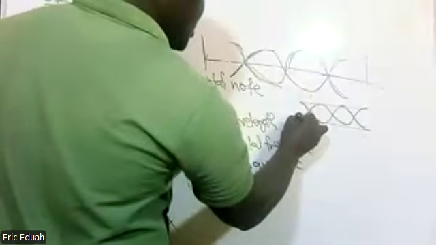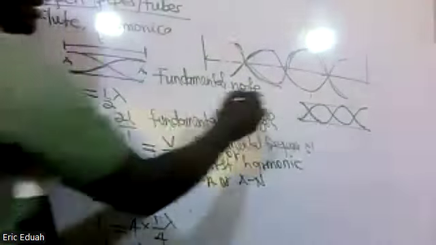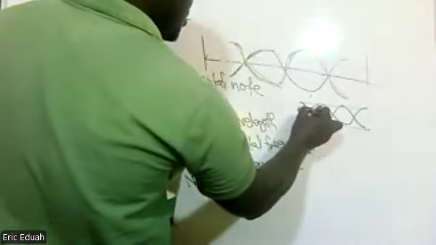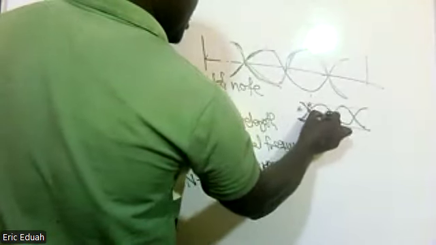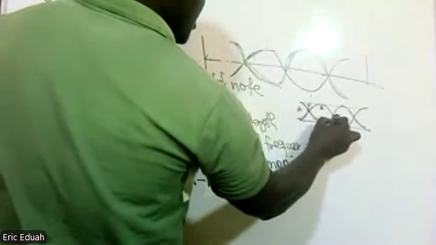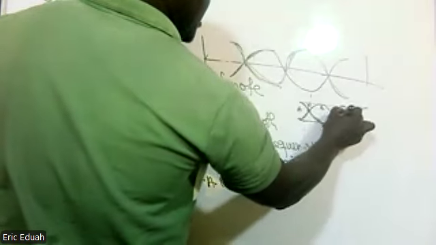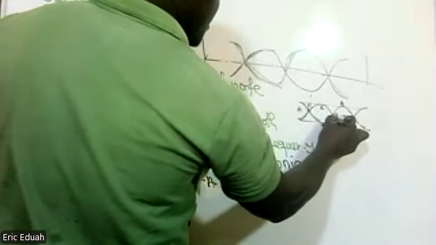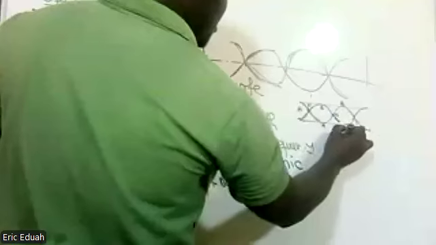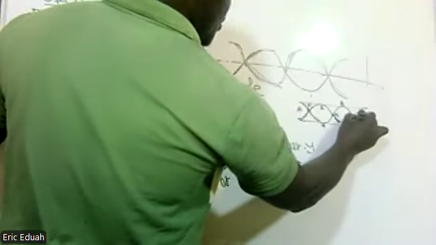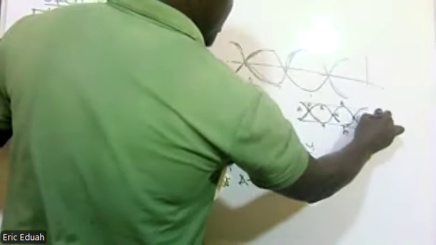So let's count to determine: this is antinode, node, antinode, node, antinode, node, and then antinode.